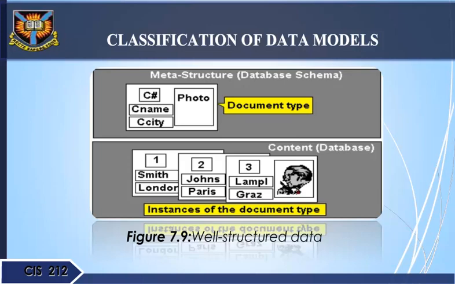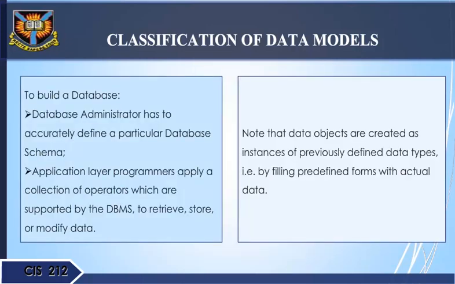Classification of data models. Meta schema, database schema. To build a database, the administrator has to accurately define a particular database schema. Application layer programmers apply a collection of operators which are supported by the DBMS to retrieve, store, or modify data. Note that data objects are created as instances of previously defined data types, that is, by filling predefined forms with actual data.